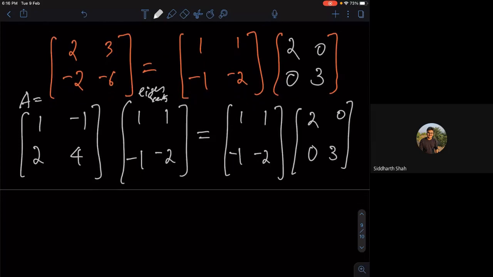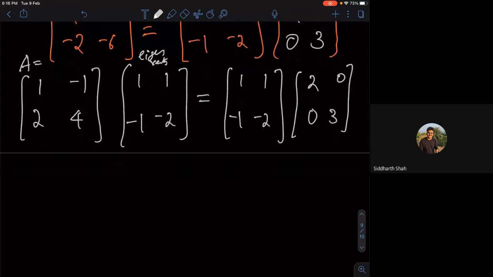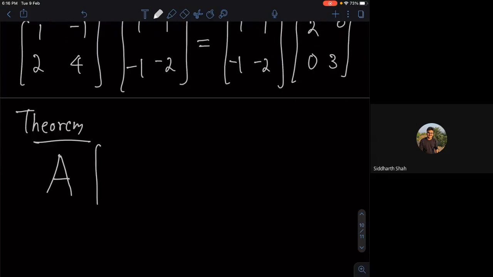Okay. So how do I generalize? If I want to generalize this and write this as a theorem, what can I say? So I have a matrix A, right? The matrix A times V1, V2 up to Vn.